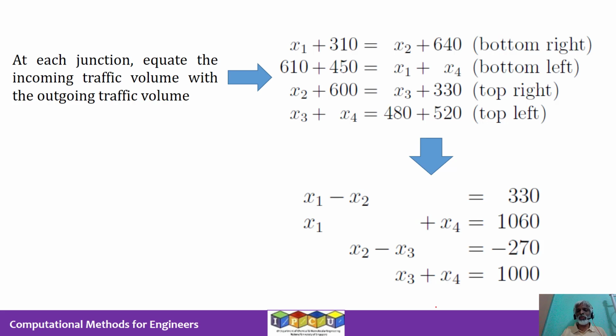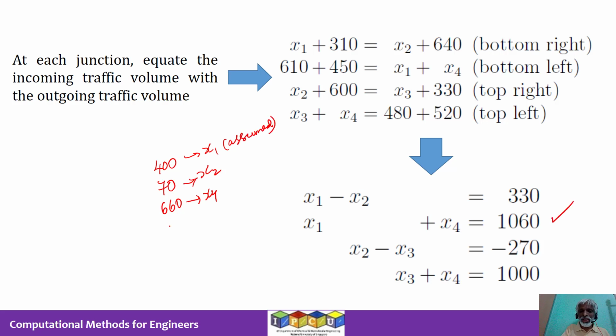All right. If you choose a value of x1 equal to 400, you can calculate x2 to be 70. You can calculate x4 to be 660. This is x4. This is x2. Because this is x1. This is assumed. I've assumed a value for x1. x3 turns out to be x2 plus 270, which will be 340.